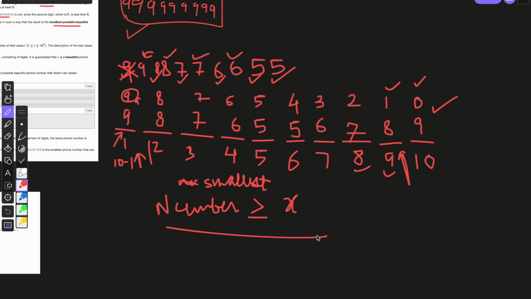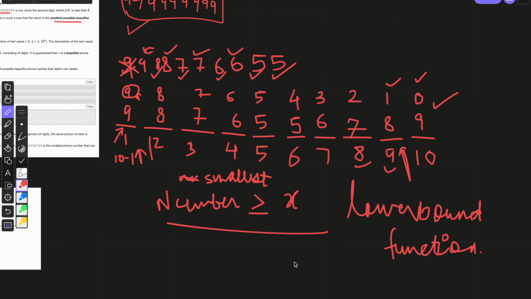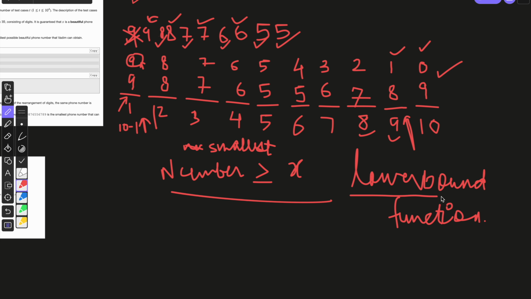By the lower bound function. We are going to use the lower bound function again and again to find the element which is greater than or equal to the number to be filled at this position.